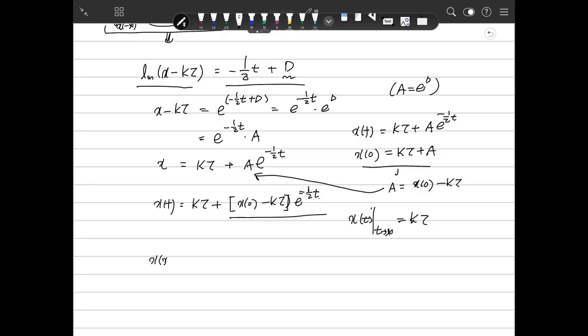So we rewrite x(t): k tau can be replaced by x infinity, so x(t) is x infinity plus x0 minus x infinity times exponential minus 1 over tau t.